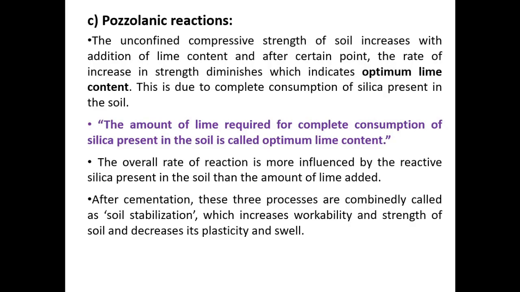Hence, the reactive silica in the soil mass is a more influencing factor than the quantity of lime that is added to the soil. After cementation, these three processes, that is cation exchange, flocculation and pozzolanic reactions, are combinedly called soil stabilization, which increases the workability and strength of soil and decreases its plasticity and swell.